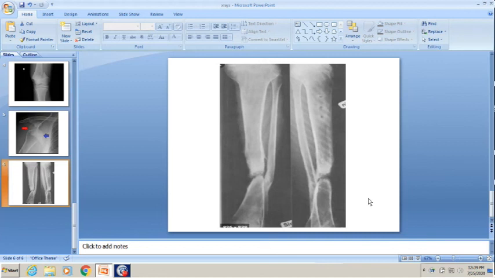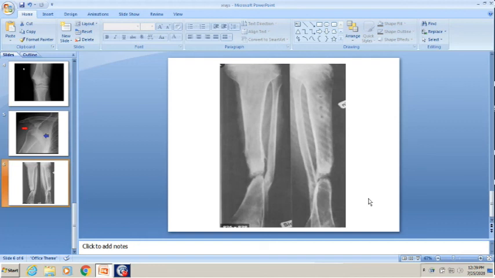Sir, no progress in bone healing. My question is not that. My question is whether non-union is painful or not painful. Suppose it is painful on palpation. It is tenderness, you have to say tenderness, not pain. Tenderness on palpation.